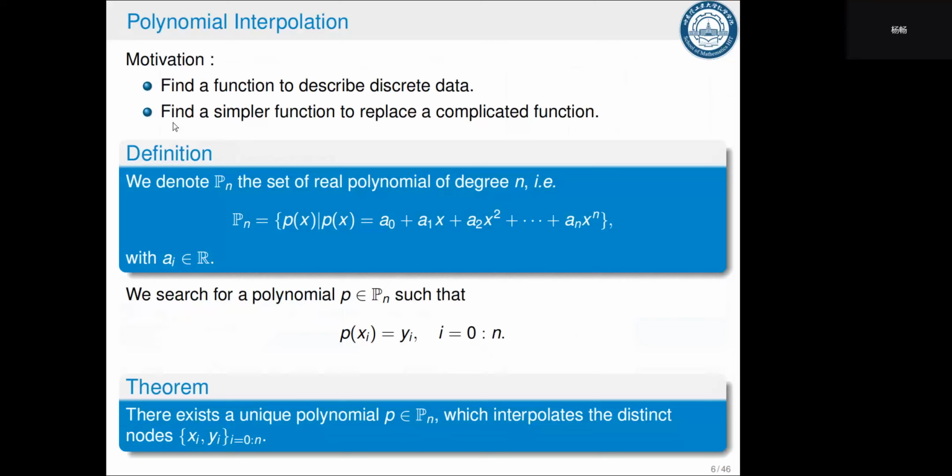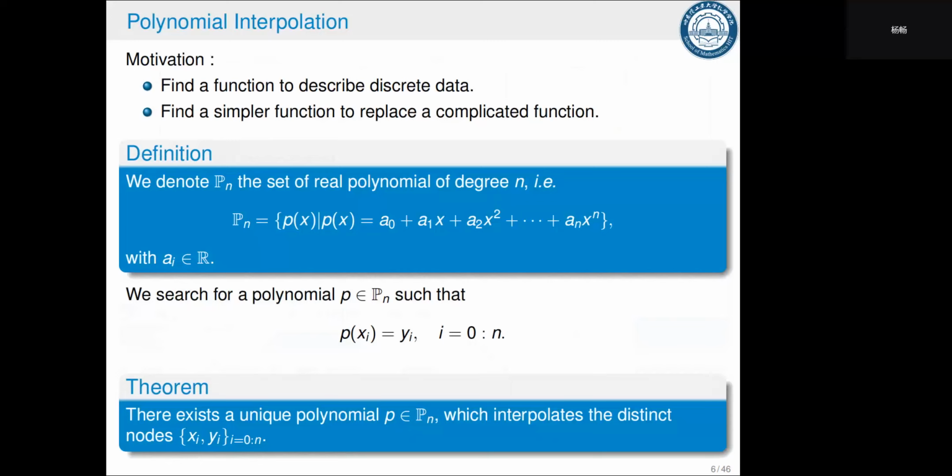The second one is to find a simple function to replace a complicated function. What does this mean? This means that sometimes we know the explicit formulation of a function, so this function is given. Then why do we again need polynomial interpolation?